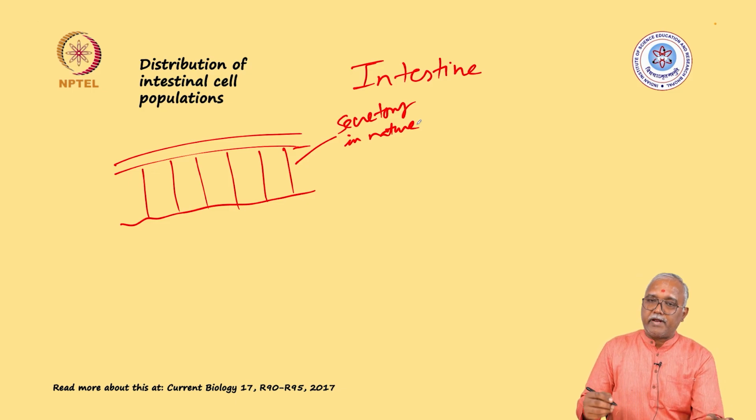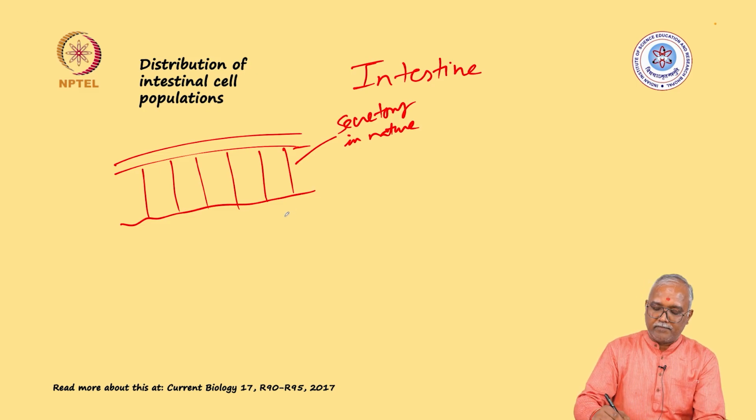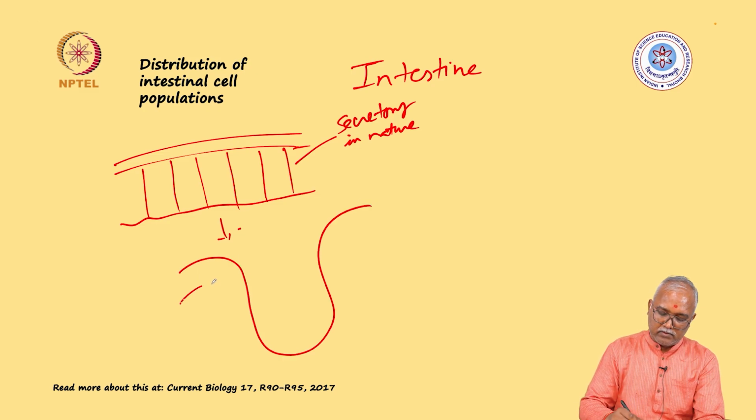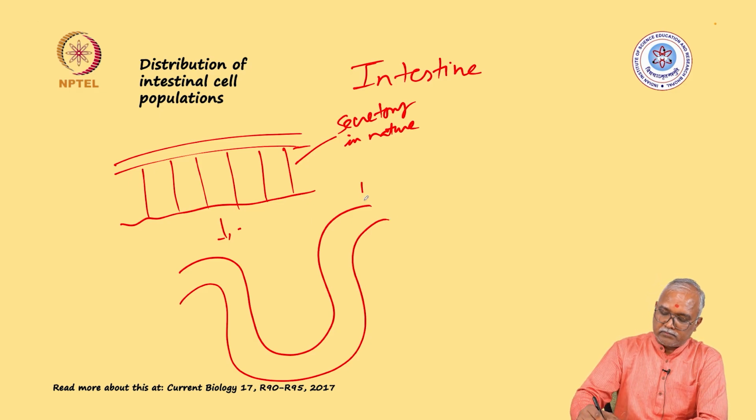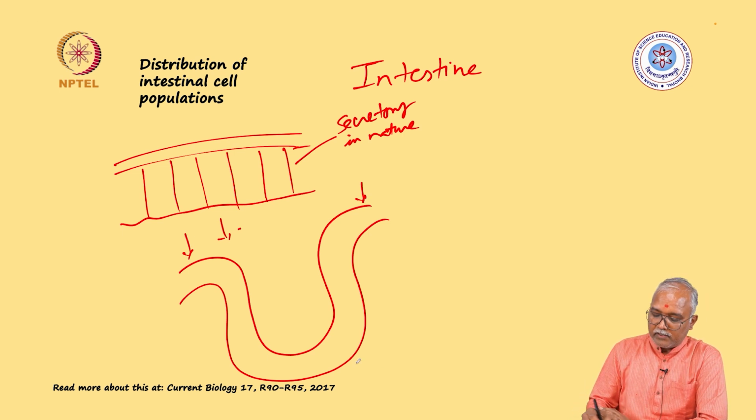Particularly, if we take the example of the villi present in the intestine and take a closer look, this is the villi-like arrangement. This projected area is what we will consider as villi, and here you will have the gland.